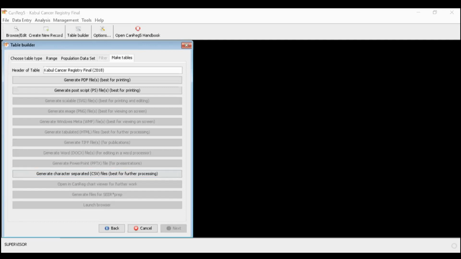This is our file, all ages, and site of cancer, bone marrow, or let's see. I think you have just shared the CanReg 5 screen, so you're not able to view the Excel sheet. Yeah, I think while sharing the screen, you have shared only the CanReg 5 screen, so we are not able to see the Excel file.